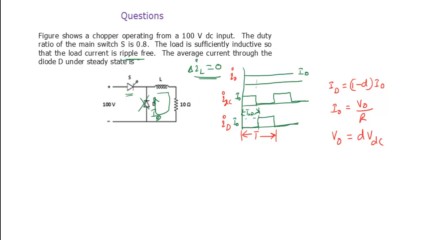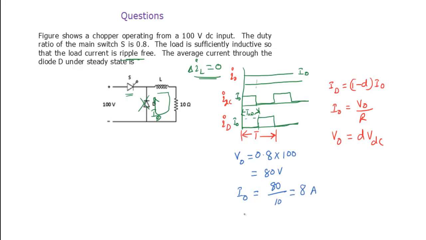Okay, so in this case we'll calculate V average first. V average is nothing but duty ratio 0.8 multiplied with source voltage 100, then it is 80 volts. Then I average is nothing but, because it is an RL load, V average divided by R, that's 80 divided by resistance 10 ohm, that means 8 amperes.